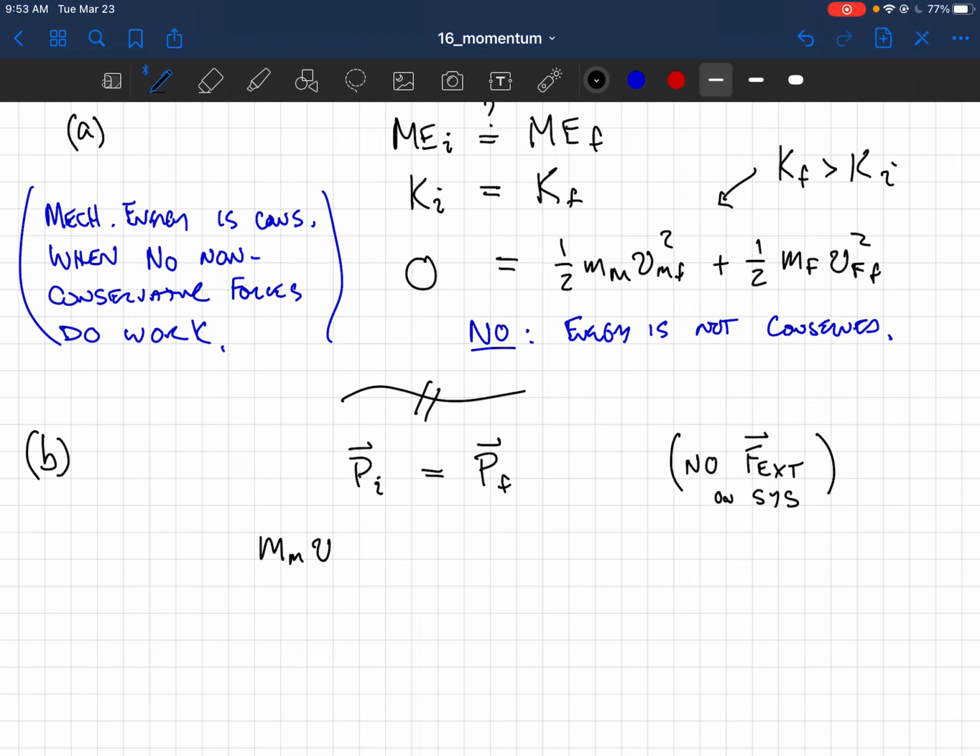So we have m Mark, v Mark initial, plus m Francesca, v Francesca initial. That's the sum of the initial momentums. I guess they're called momenta, plural. Then we have m Mark, v Mark final vector, plus m Francesca, v Francesca final vector. It's a vector equation.